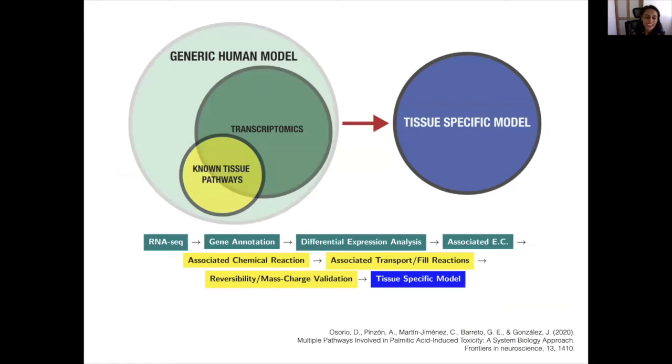Then this model was used to test the effects of tibolone, which is a synthetic neurosteroid. And we did that under metabolic inflammation by palmitic acid-induced toxicity and the effects of tibolone treatment. Metabolic simulations were made from two different metabolic scenarios, a healthy scenario and an induced inflammation by palmitate scenario.